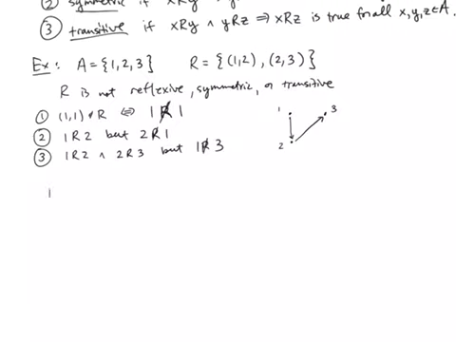So graphically, what does reflexive look like? Reflexive basically means that if you have an element X of your set, you must also automatically have an arrow pointing from X to itself. Symmetric means that if you're looking at an arrow from X to Y, the reverse arrow must be there.